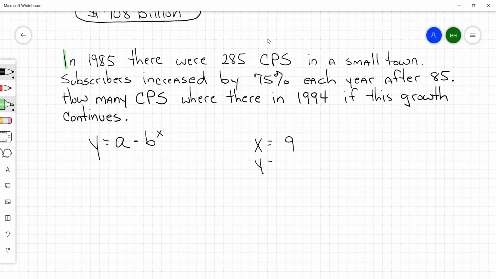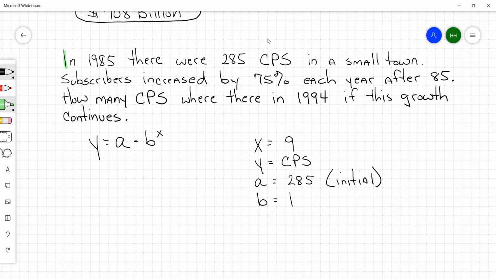Your y is going to be equal to your number of cell phone subscribers. Your a, that's your initial amount. What was the initial amount? 285. Good. And your b, that was your growth rate, right?